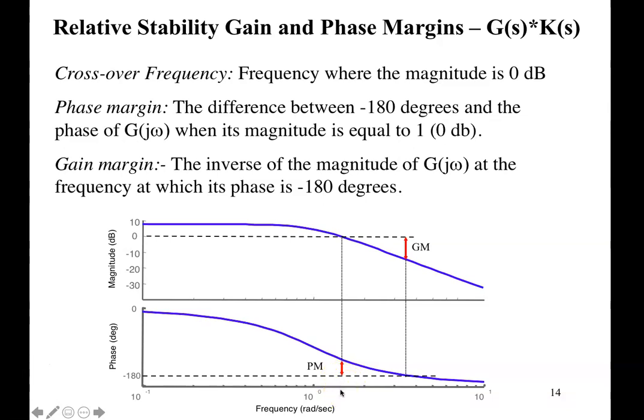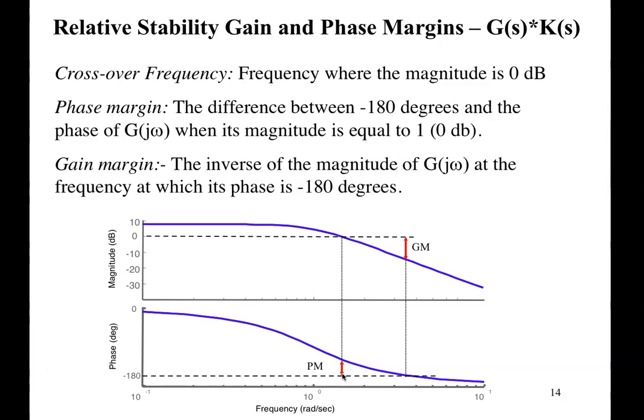Then the phase margin is the phase angle. You need to look at the phase angle in the Bode plot, which is the second plot here. You need to look at this at the crossover frequency. Read that value there. This is how much phase angle you have from the open-loop transfer function. The distance between this point and minus 180 degrees, indicated by the red line, is your phase margin.